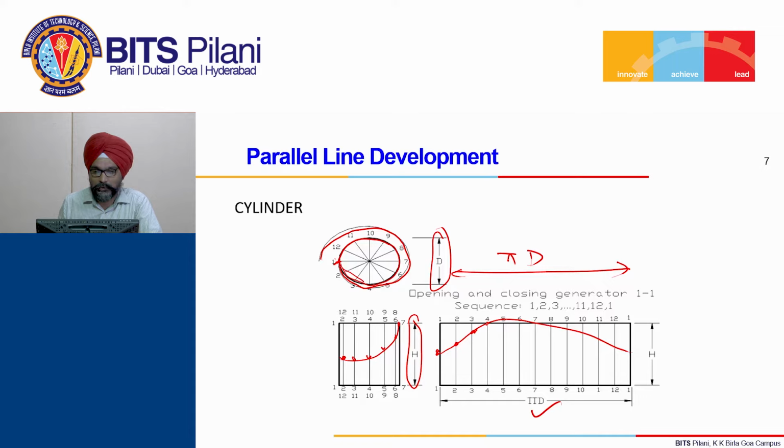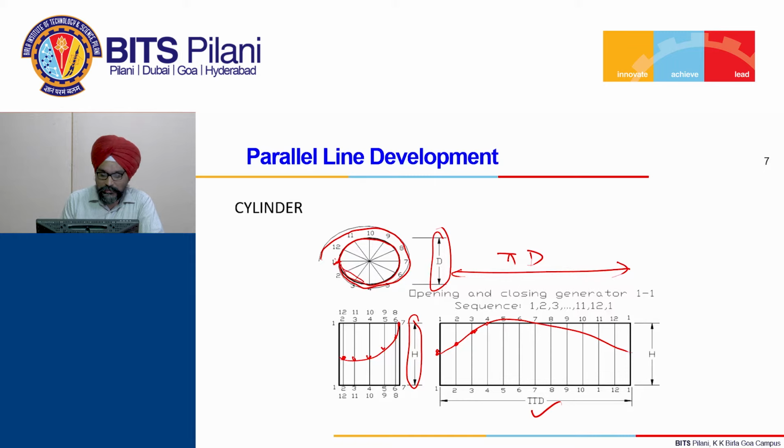I have just put this up on a rough basis. This way you can get some profile on the development. The purpose of the generators is basically to transfer the points. If you do not need to transfer the points, if you just need the development, then you do not need these generators. Otherwise you need the generators.